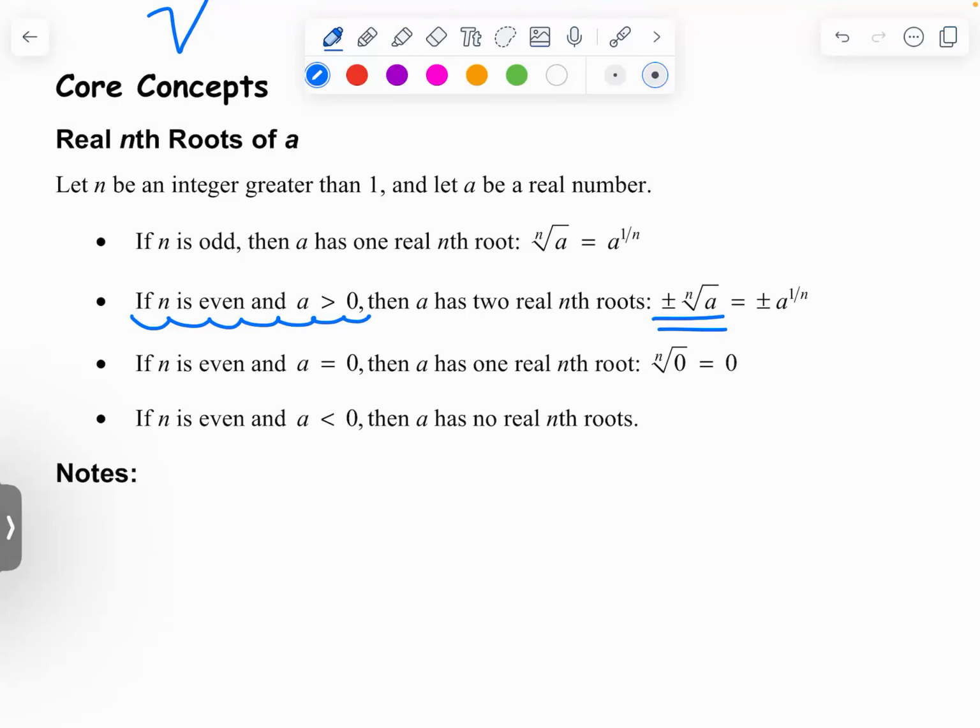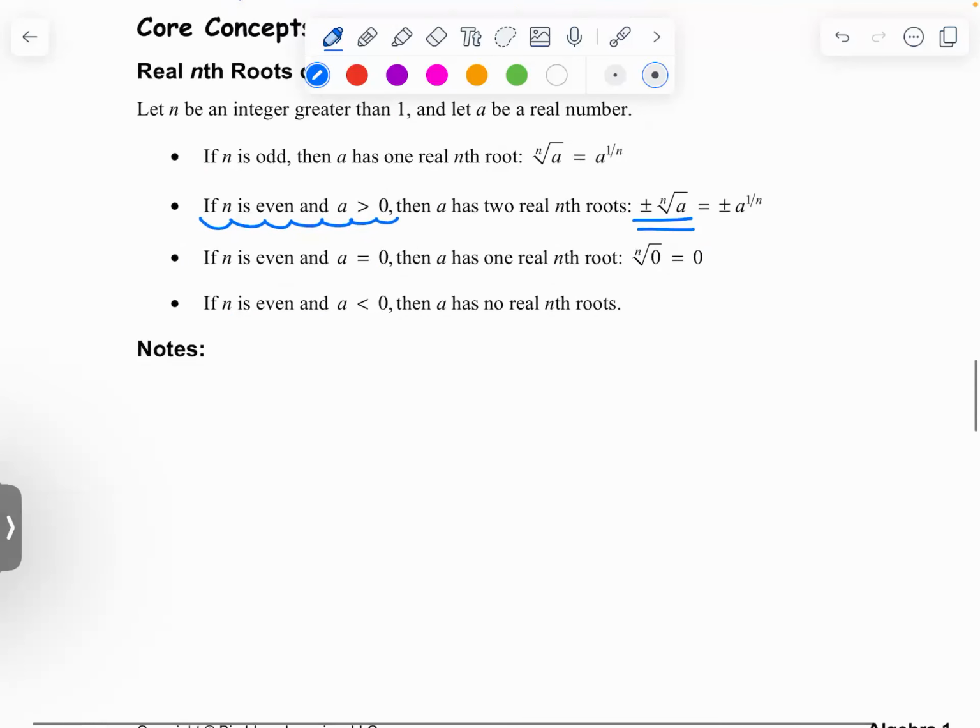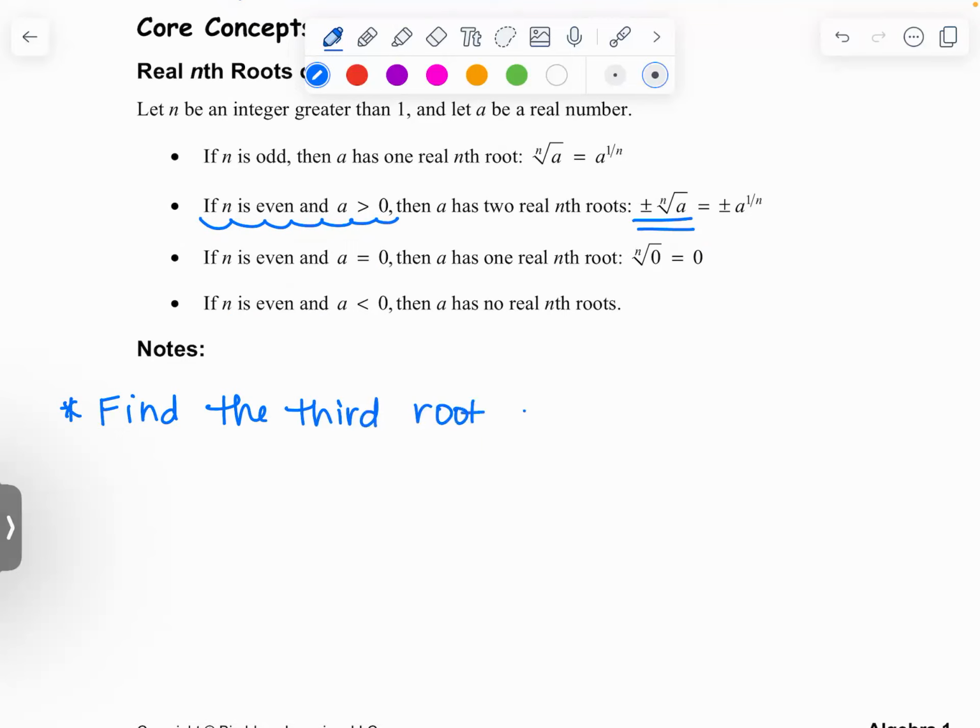So, if I asked you to find the 3rd root of negative 27, what am I asking you?